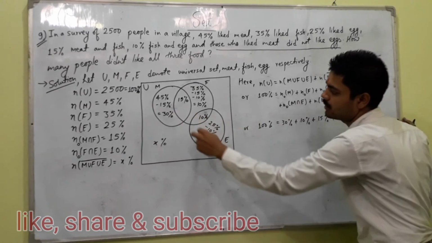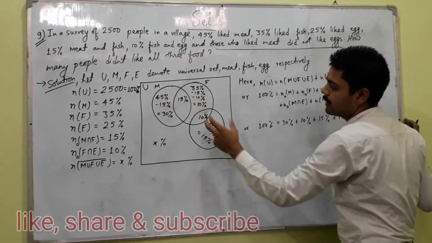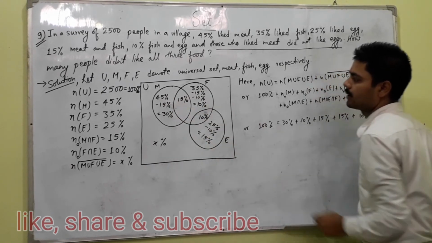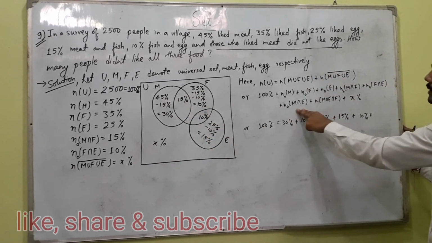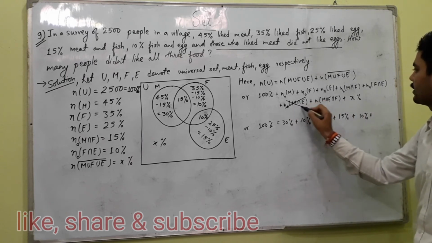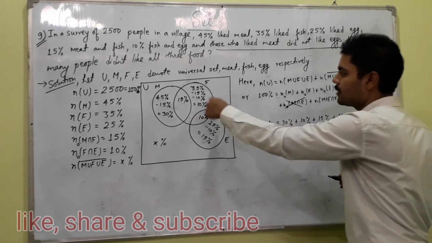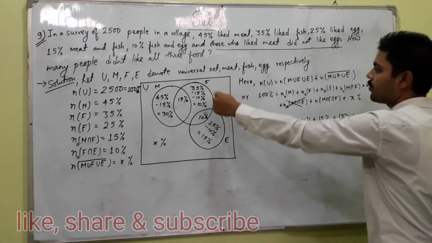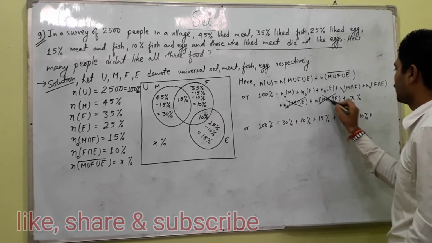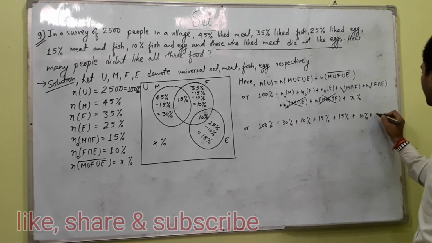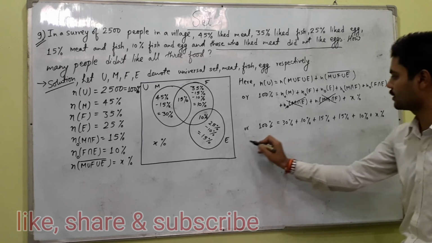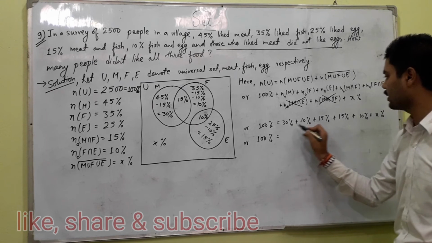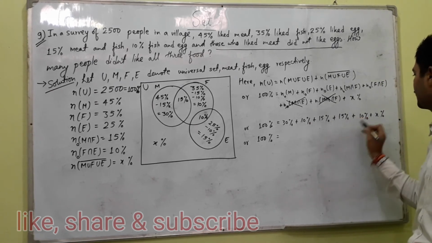M intersection E is disjoint. M and E, meat and egg, are disjoint sets, so they don't have any intersection. Similarly, there is no area in the Venn diagram which denotes all three sets together. So we can deduct this also, and we can write directly X percentage, or 100%, equals 30, 40, 50, 60, 70, 80.